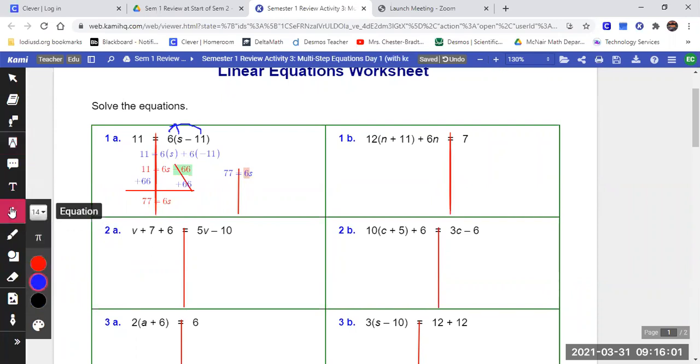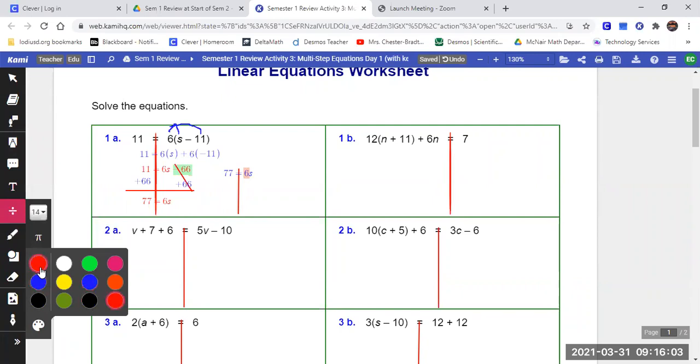So what are we going to do to big 1 that 6 out of there? We're doing the opposite of what multiplication is, because that's what makes a 1. Any number divided by itself is 1. So I need to get that 6 out of there. What would I do? Divide what by 6?